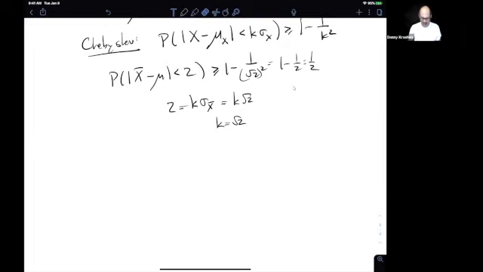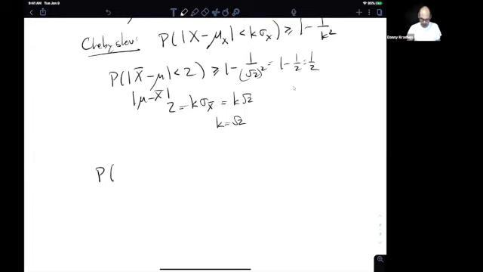Okay, so in other words, let me just write it like this. X bar is within 2 units of the population mean, but I could squint and look at that a little bit differently. I could think of this as the probability that the population mean is within 2 units of the sample mean, right?